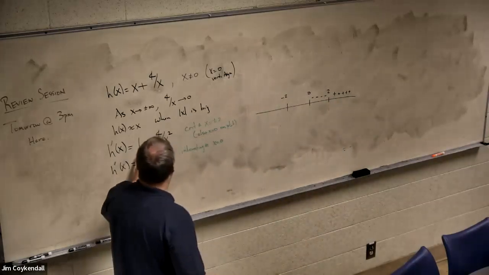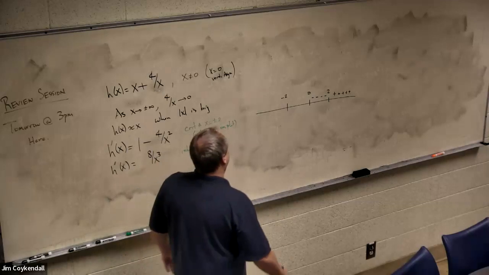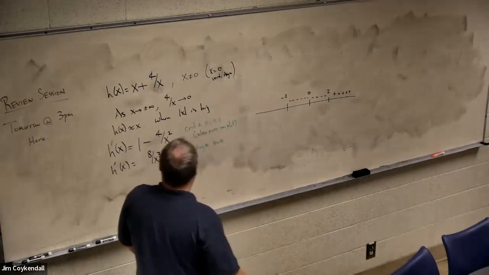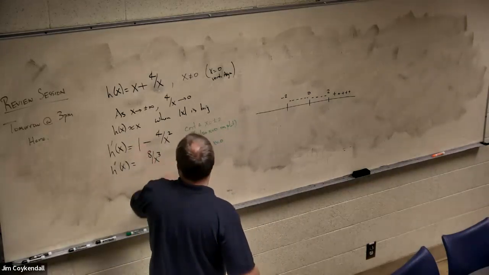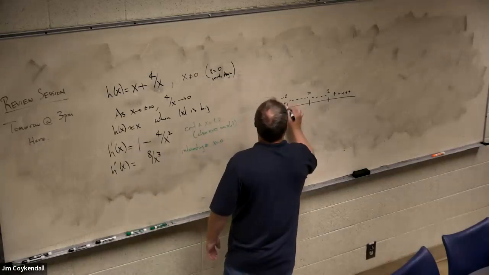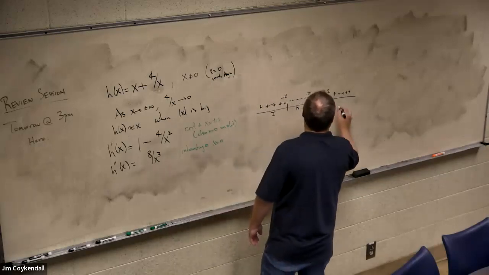What happens when x is between -2 and 0, like -1? It's negative. And what happens when x is very large negative, like -100?